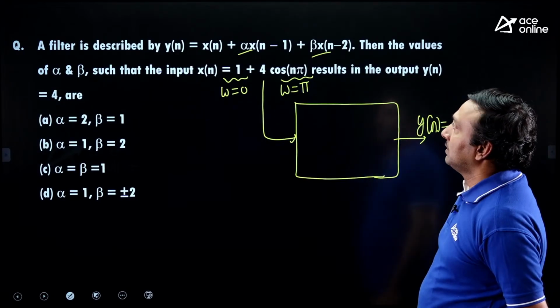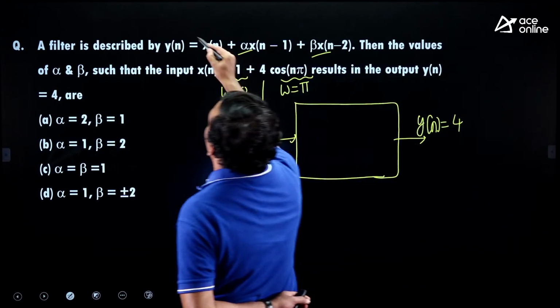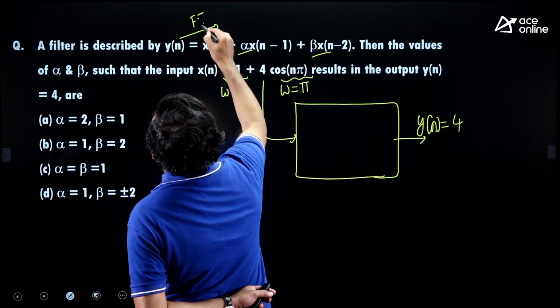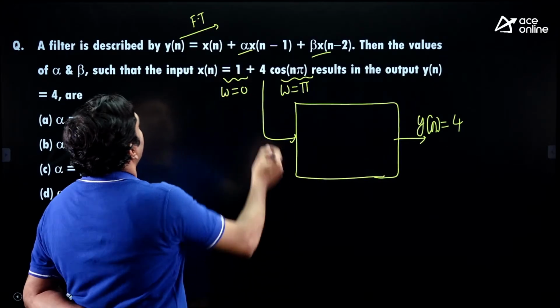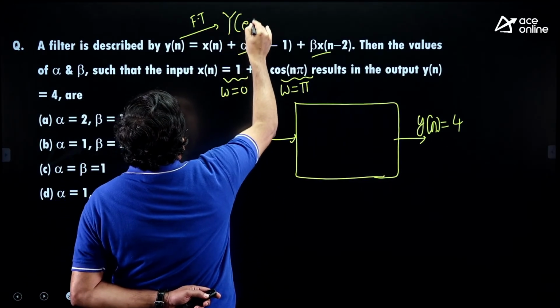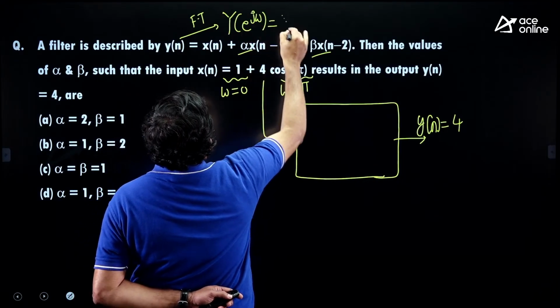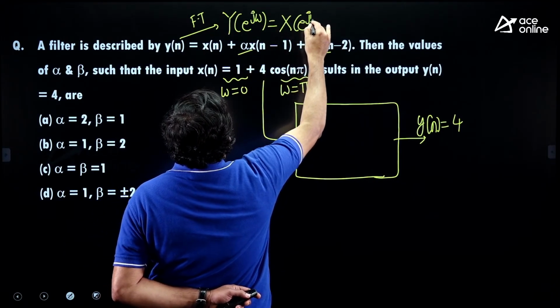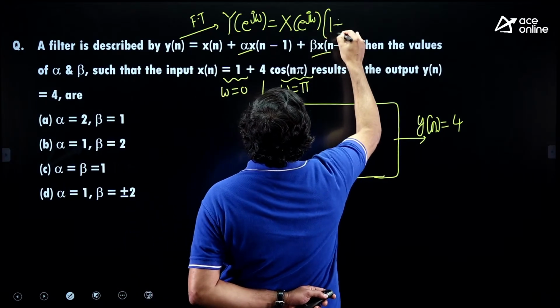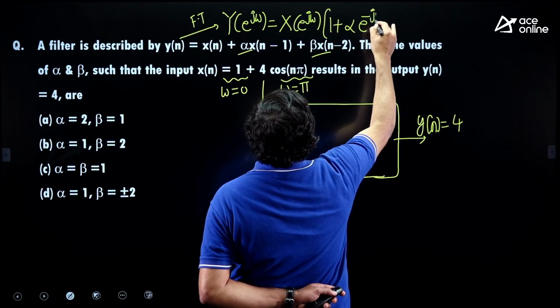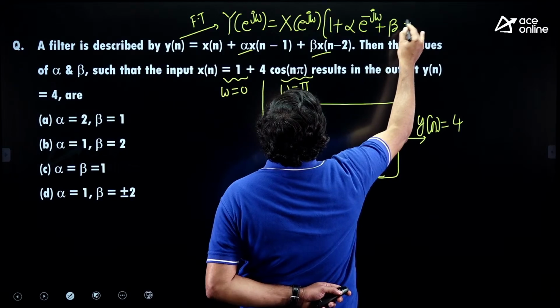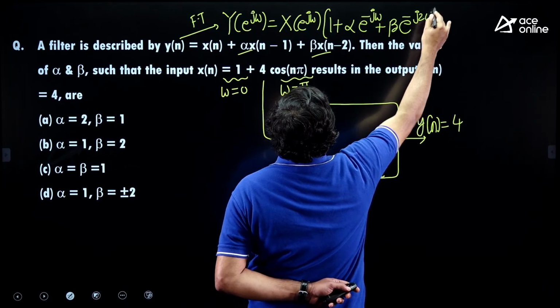What is the output we got? 4. So if I take the Fourier transform of the given system expression, I can write that as Y(e^(j omega)) equals X(e^(j omega)) into 1 plus alpha e^(-j omega) plus beta e^(-2j omega), normal shifting property.